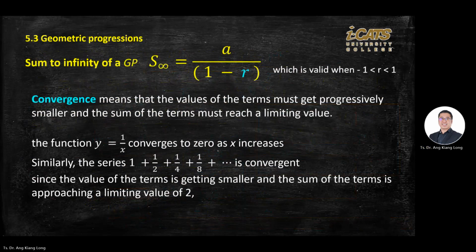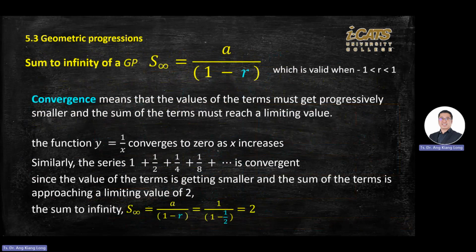If you substitute a equals 1 and R equals 1 over 2, you will get S infinity near to 2. It will converge at 2. If you plot a graph as you add all the numbers, it becomes a straight line at the value of 2.